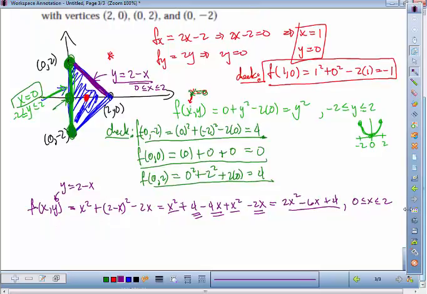This one isn't as easy as the other one. I think I need to take derivatives. I have to treat this as a function of x and find derivatives.